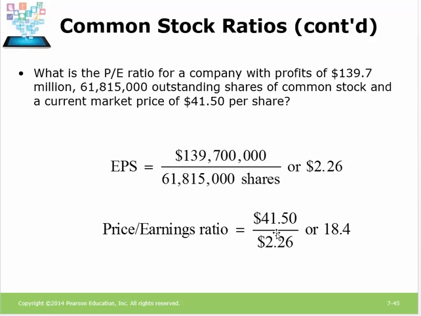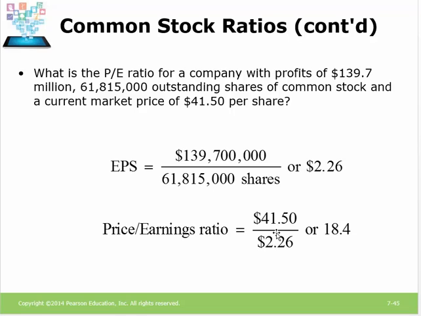So what does 18.4 mean? The average S&P 500 company is typically between 12 and 20. So if you're in that range, you're essentially in the valuation range of where the S&P 500 is.